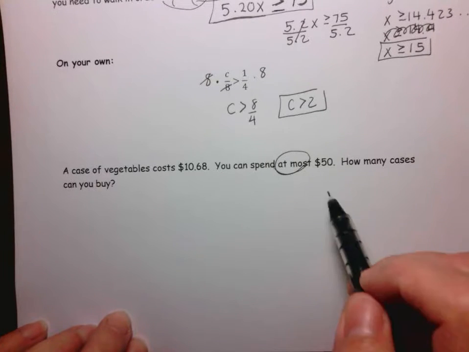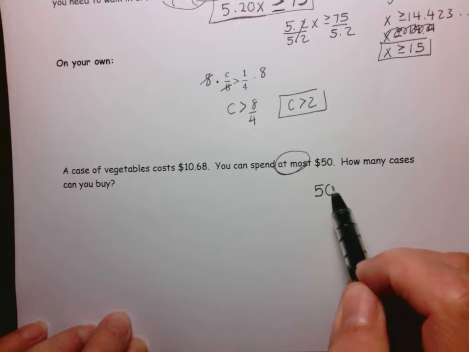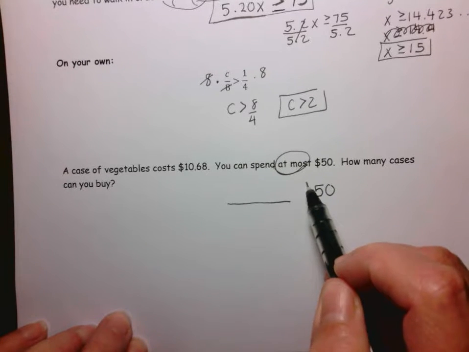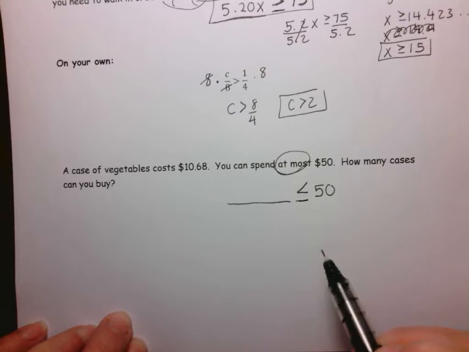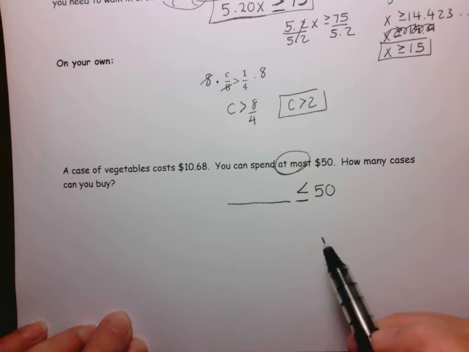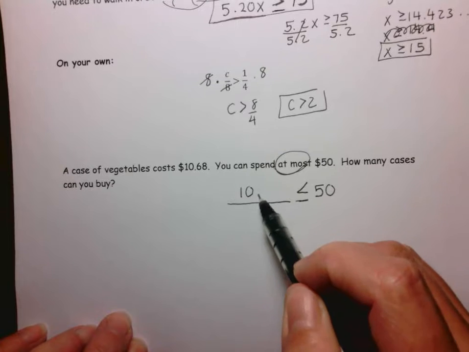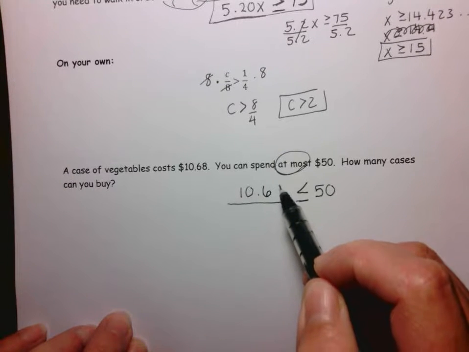So if I can spend at most $50, that means whatever this is has to be less than or equal to 50. Because I cannot spend more than $50, at most $50. So now what's my situation? Each case costs $10.68.